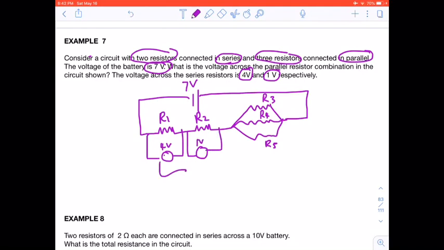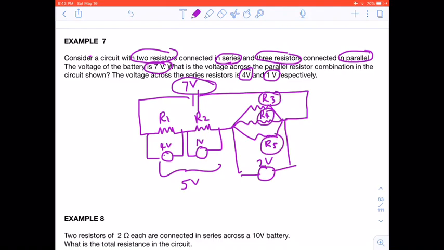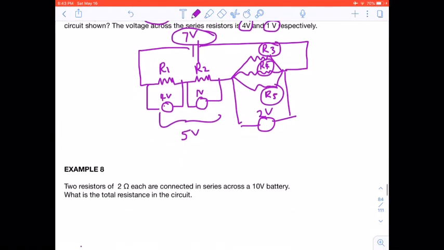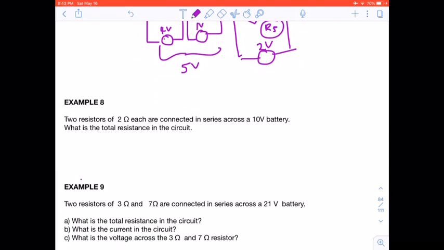So in total we got 5 volts. But we know the battery has a voltage of 7 volts. So across this branch we will have to have 2 volts. Once you know the voltage across the parallel branch is 2 volts, the voltage across R3, R4 and R5 will be 2 volts, because they form part of a parallel branch.